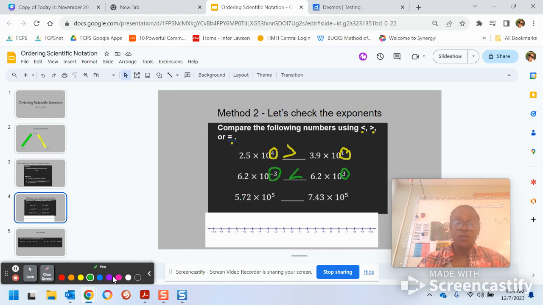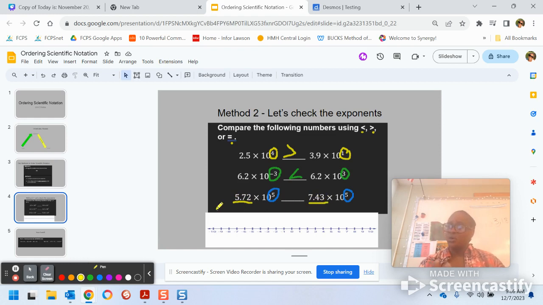So now when we get down to the next one, this one is saying we've got both our 5s and a 5 here. So that means that what we would have to do is look at the coefficient. So I'm going to look here and I'm going to look here.